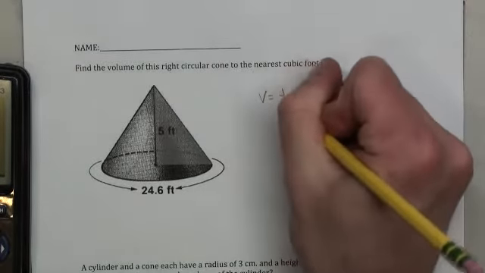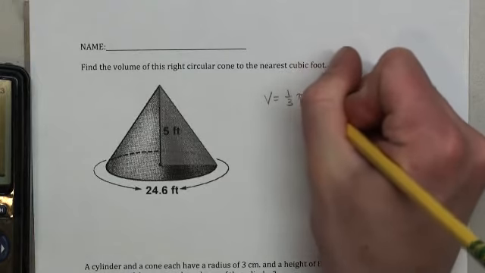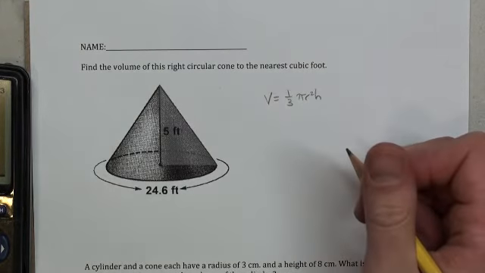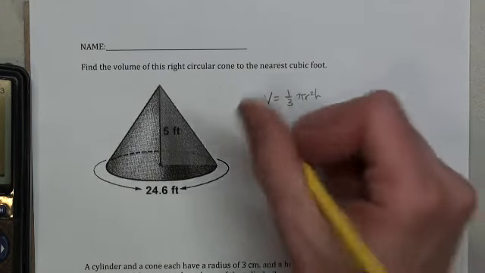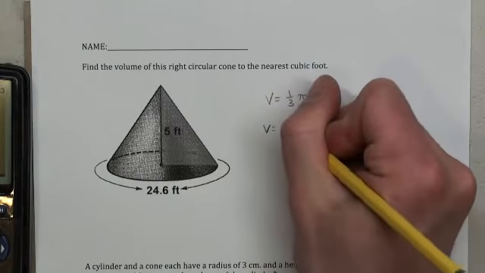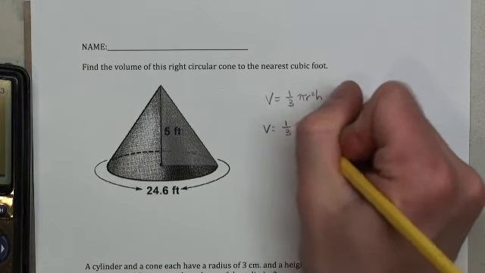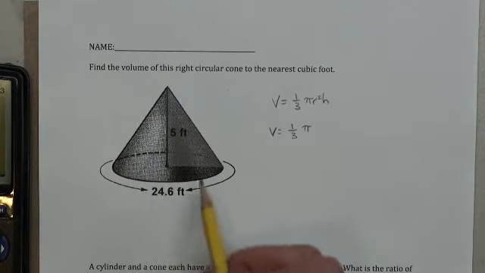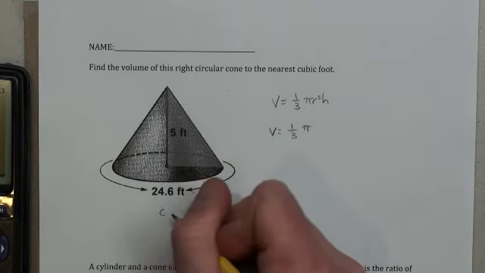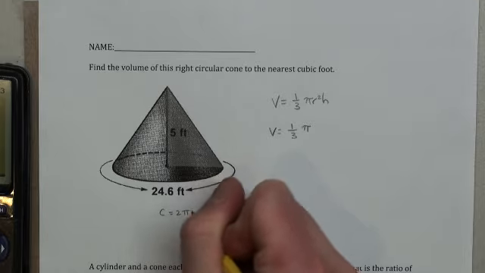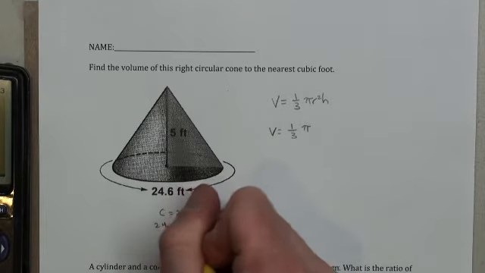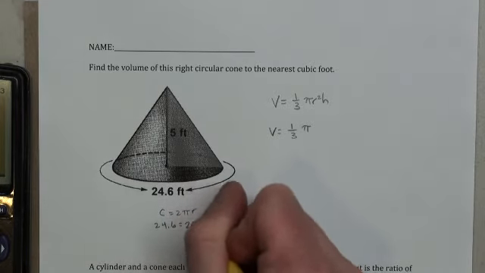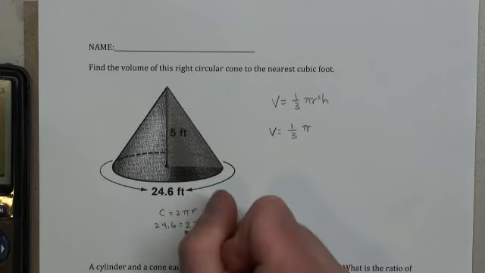V equals 1/3 pi r squared h. Look at this, they gave us the circumference. The circumference is 2 pi r. So 24.6 equals 2 pi r.